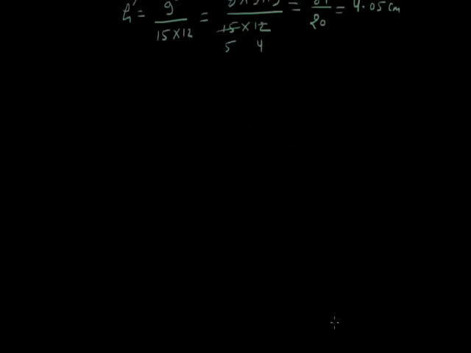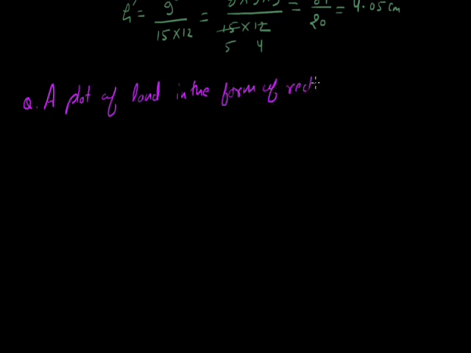Now we move to the next question. A plot of land in the form of a rectangle has dimensions 40 meter by 20 meter.